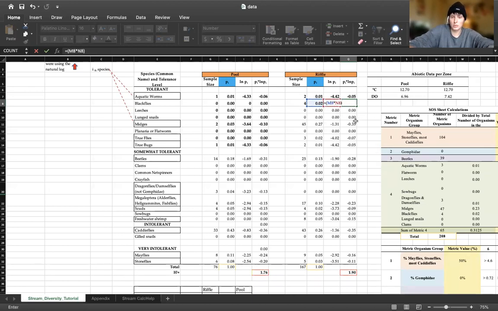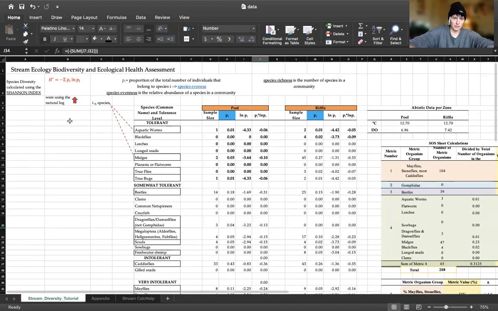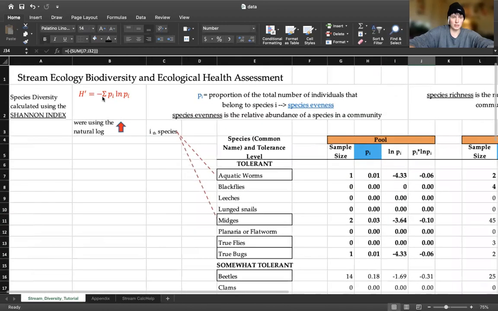This is probably one of the more tedious labs out of the entire semester, at least in my opinion. So down here, we have the total for the sample size, the total for P sub I, and the calculated Shannon index. I'm going to go back up here and show you the formula again.